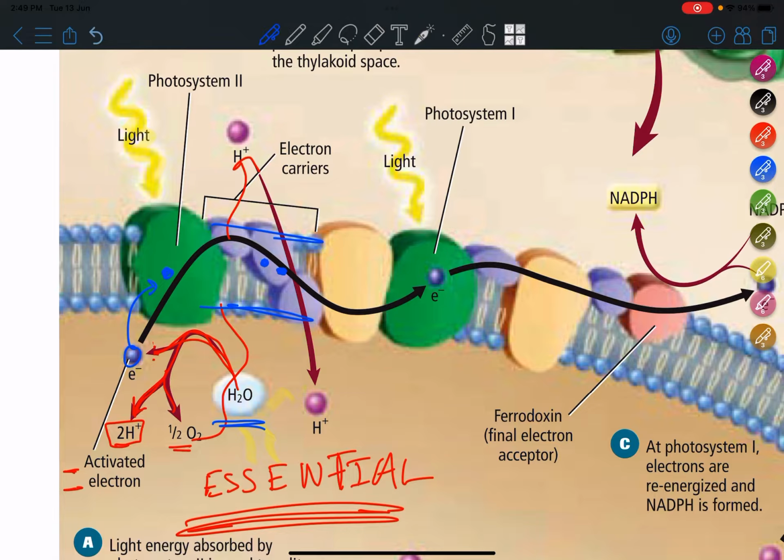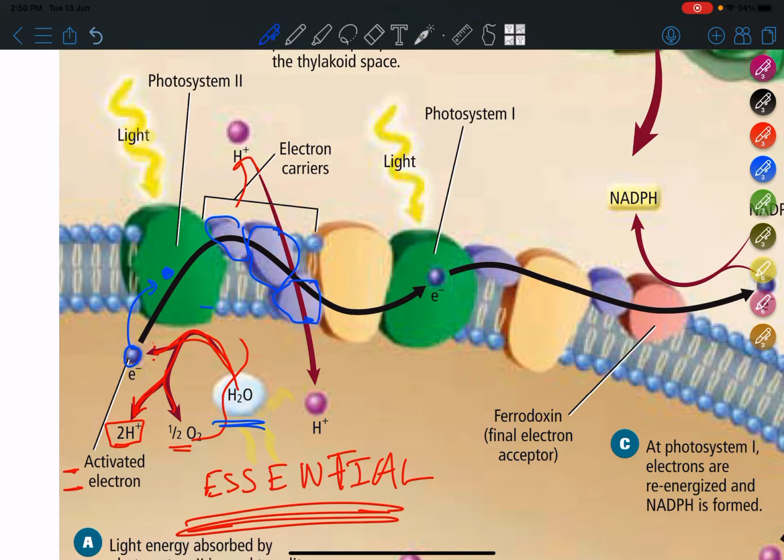So you'll have the electrons, and they'll move out of photosystem 2. They'll go to an electron acceptor. Then the electron acceptor will transfer the electrons along a series of electron carriers in photosystem to photosystem 1. So as you can see here, we have these electron carriers right here.